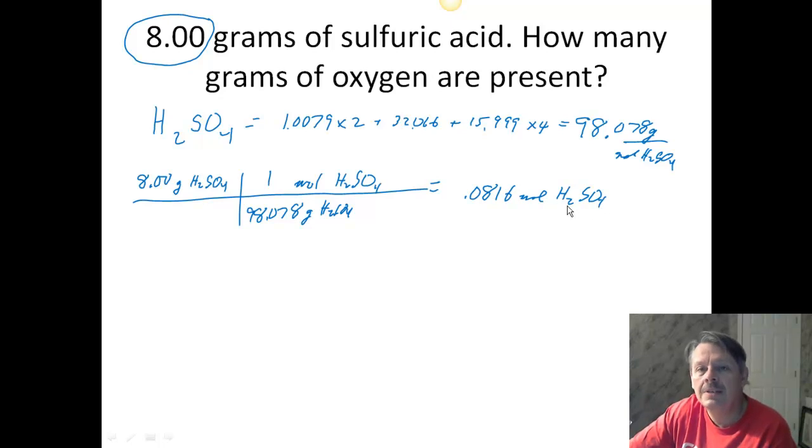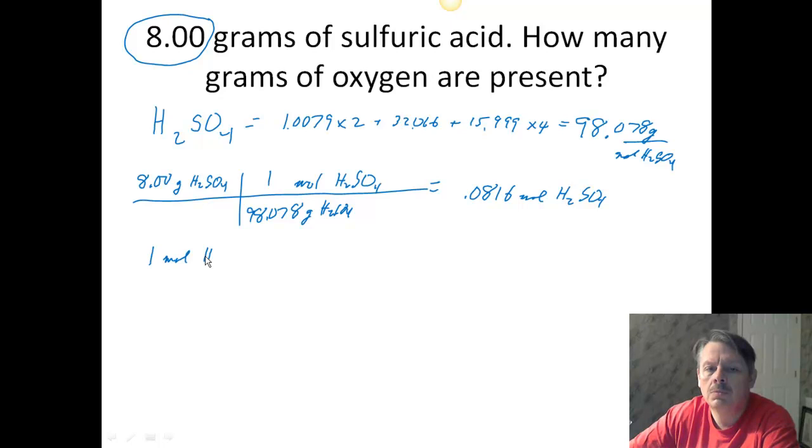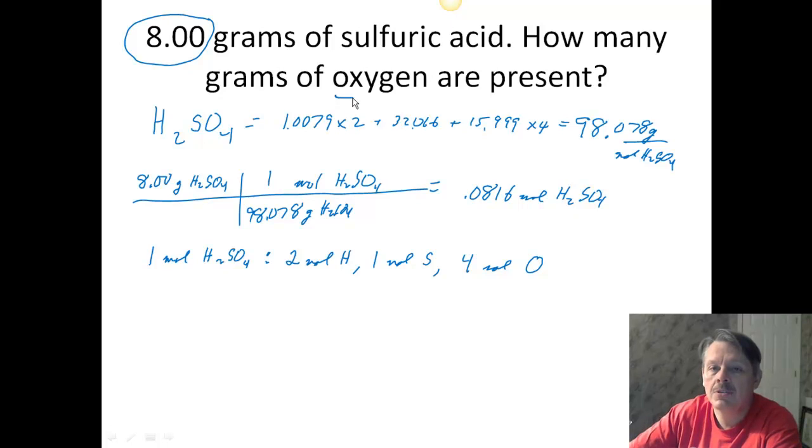Great. Now, how many grams of oxygen are present? Well, before we do that, let's think about our ratios here. So for 1 mole of H2SO4, that's comprised of 2 moles of hydrogen, 1 mole of sulfur, and 4 moles of oxygen. So that means, since I care about oxygen here, I have a 1 to 4 ratio.